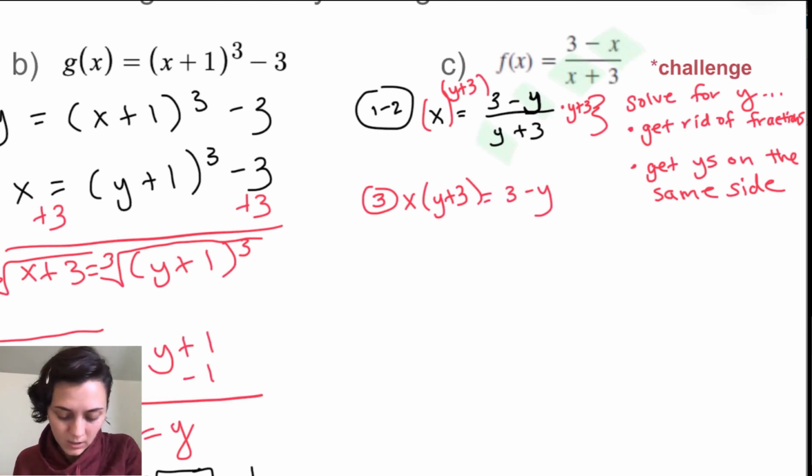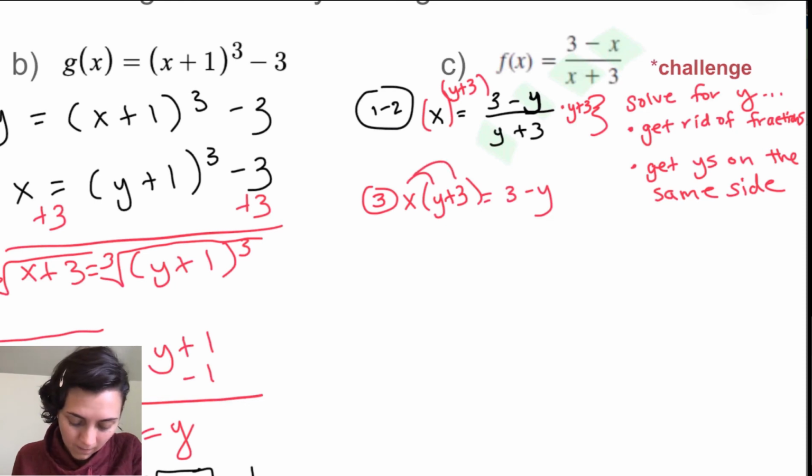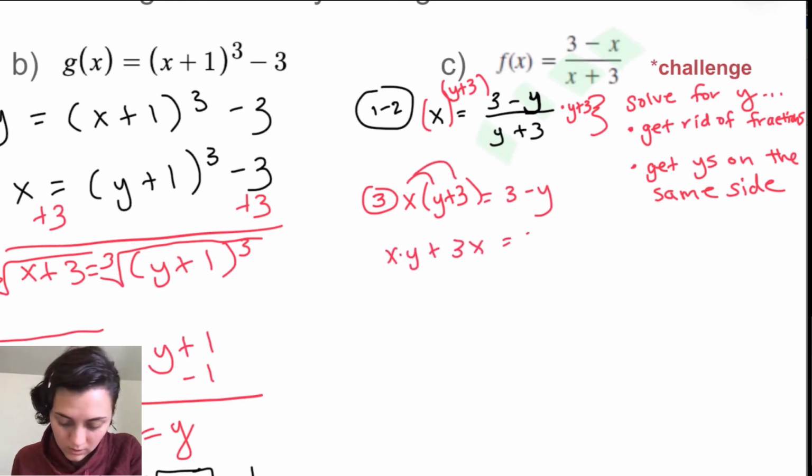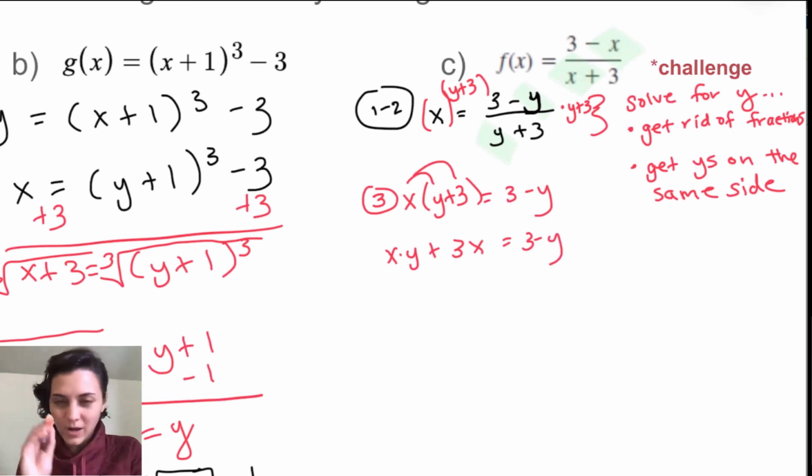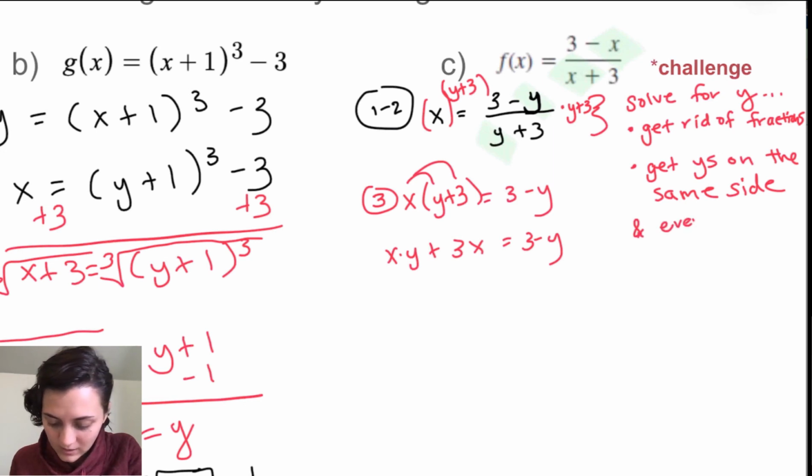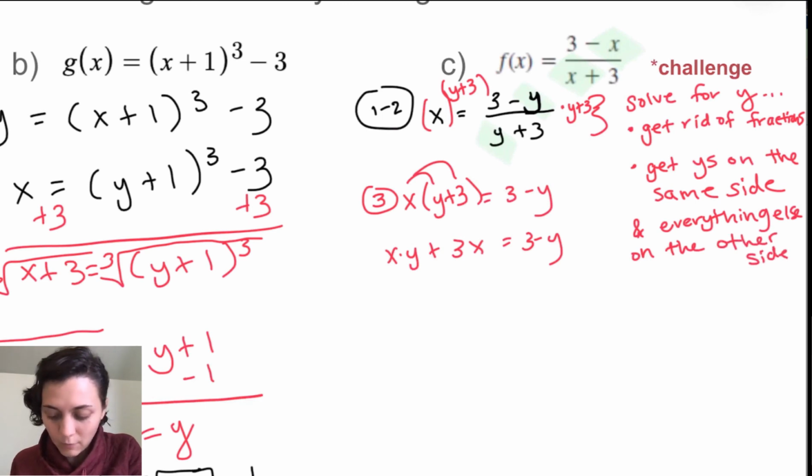So the first thing I'm going to do is distribute right here. So that's x times y plus 3x equals 3 minus y. So not only do I want to get my y's on the same side, I want to get everything else on the other side.